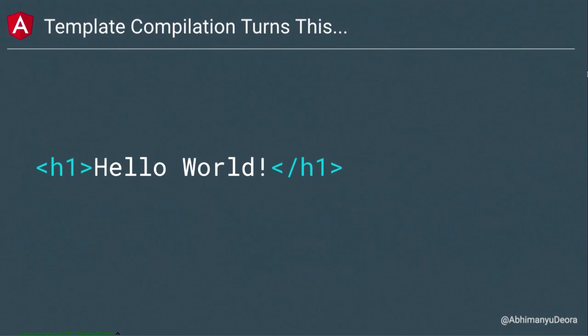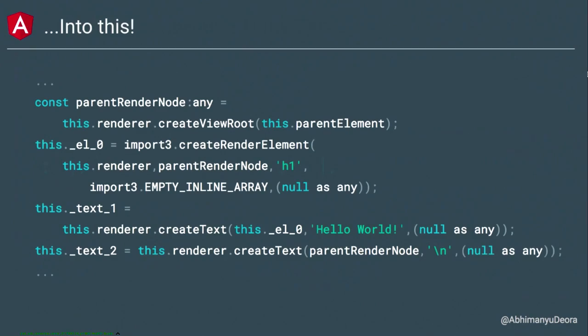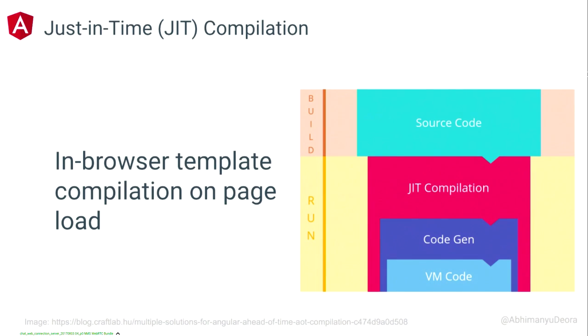As an example, we can take this simple H1 element. The Angular template compiler will turn it into JavaScript code that's executed in the browser to create this element, display the heading, display the text, display any data binding properties that you may add to it, and handle all of the magic that Angular does for you.